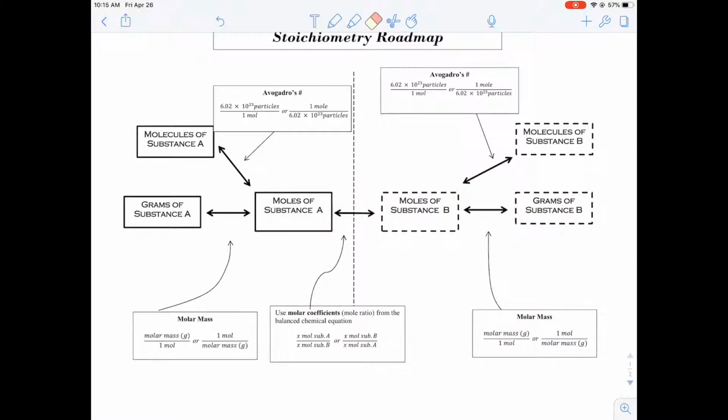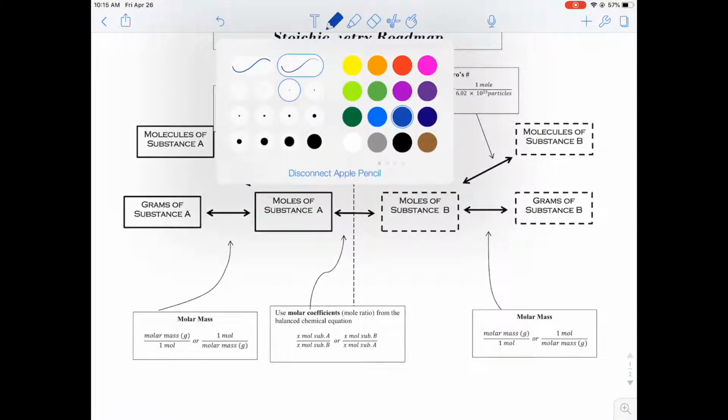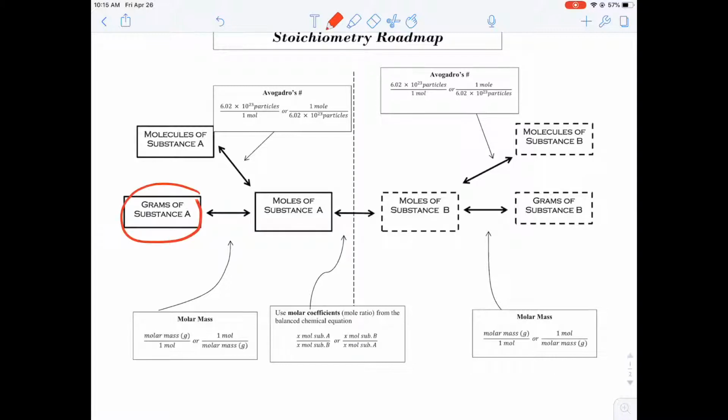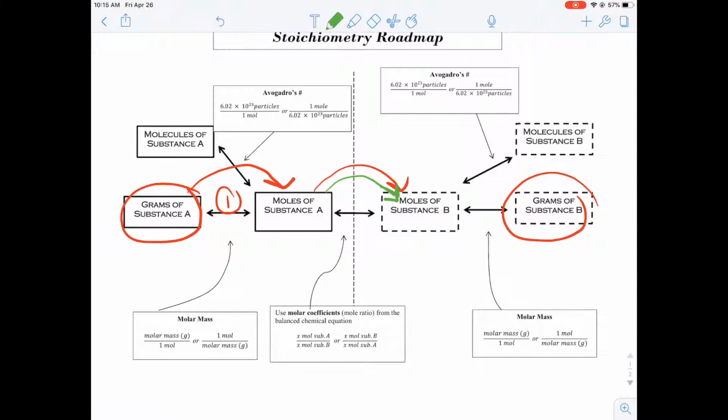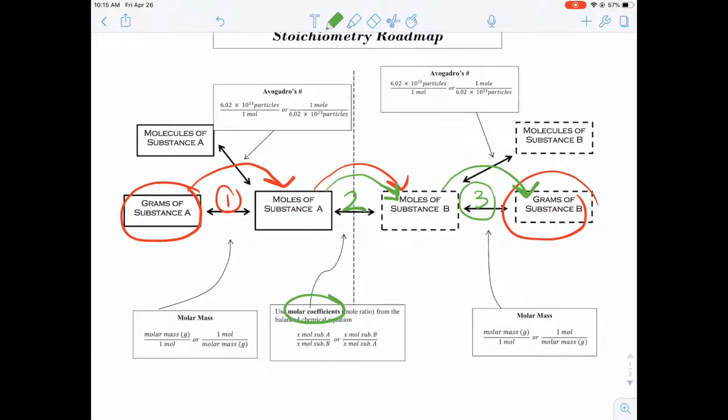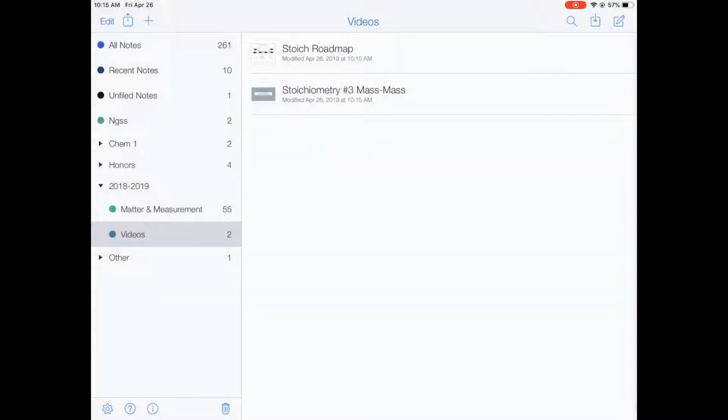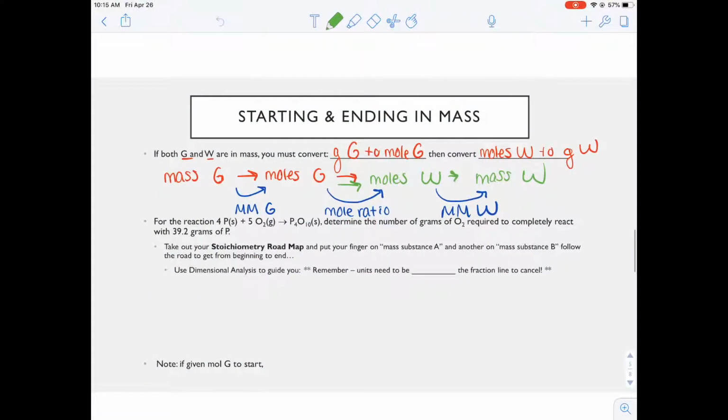So what we've got is we're going from here to here. First, grams to moles. Then we need to cross over. Second, mole ratio from the balanced chemical equation. Then molar mass of our second substance. Keep that next to you and use the steps as you go.